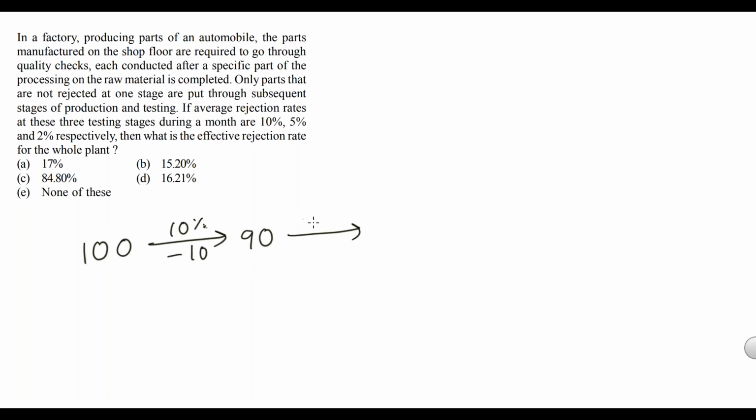Now, in the second stage, they are rejecting 5%. What is 5% of 90? Again, 5% rejection does not mean 90 minus 5. 5% of 90 are rejected.